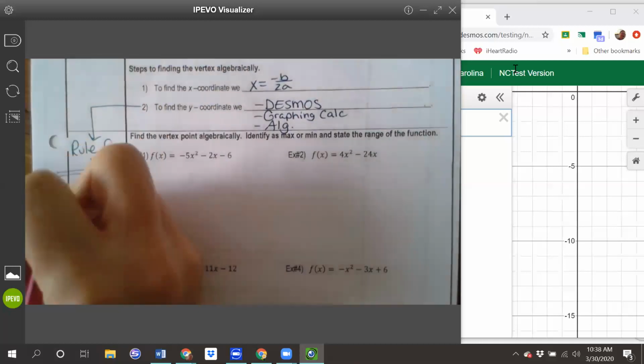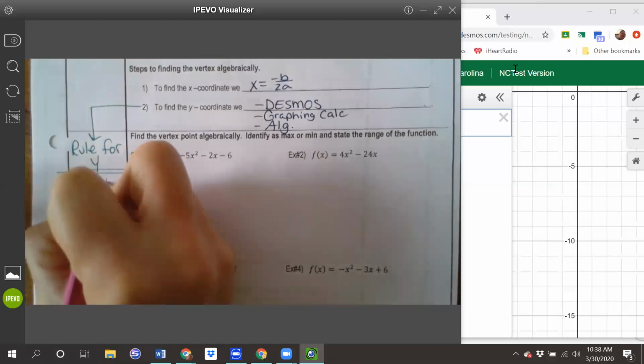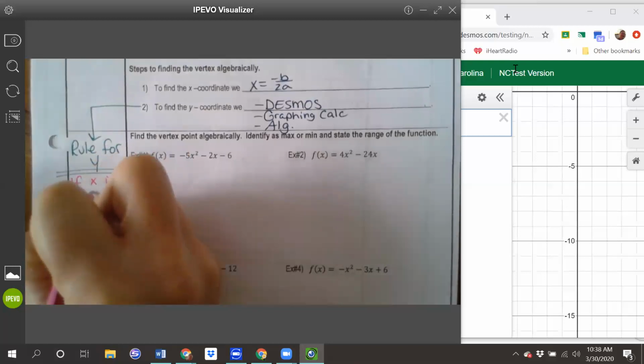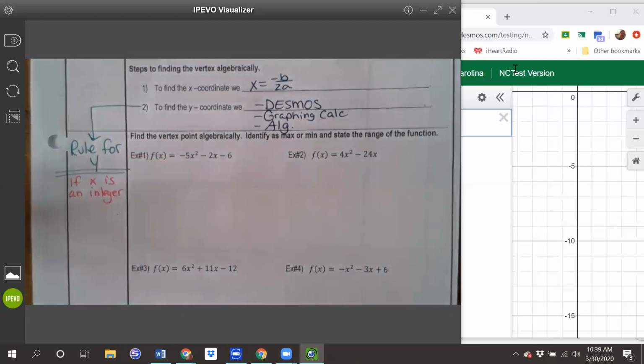If x is an integer, remember what an integer is? That is a whole number, both positive and negative. So if x is an integer, that means that we get a really nice value for x, like 17 or negative 3.